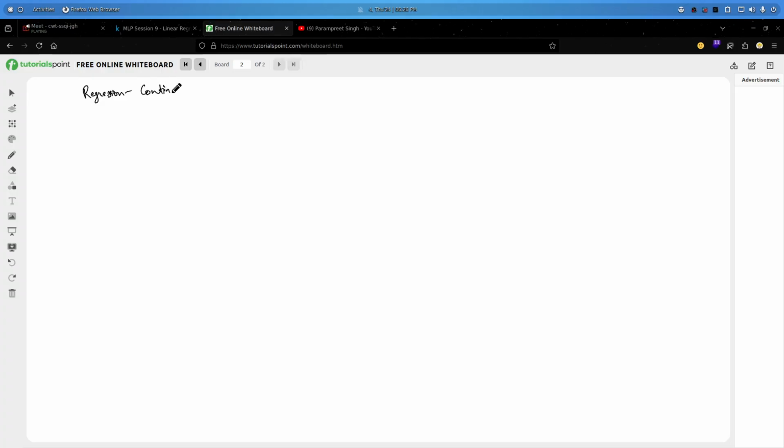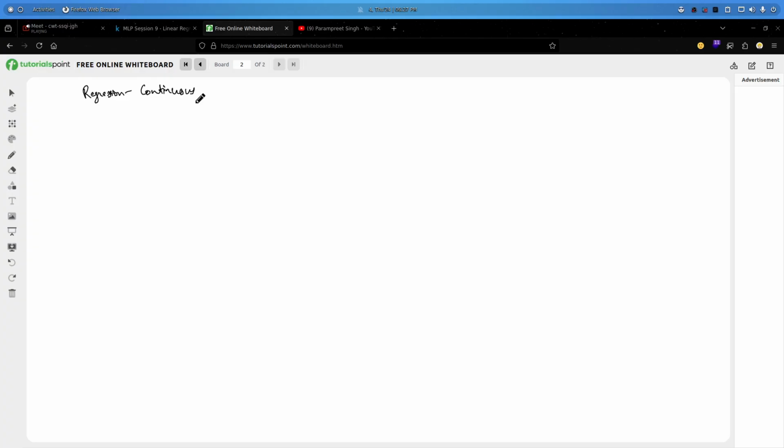We generally have two types of data, either discrete values or continuous values. Continuous values are in some specific range, but we cannot count them. So this is the regression thing.